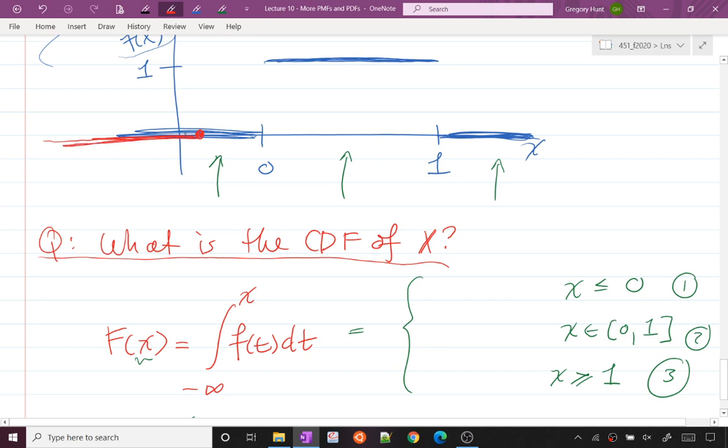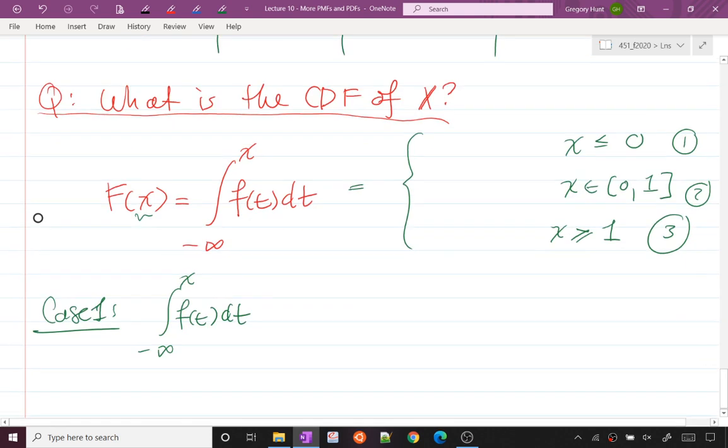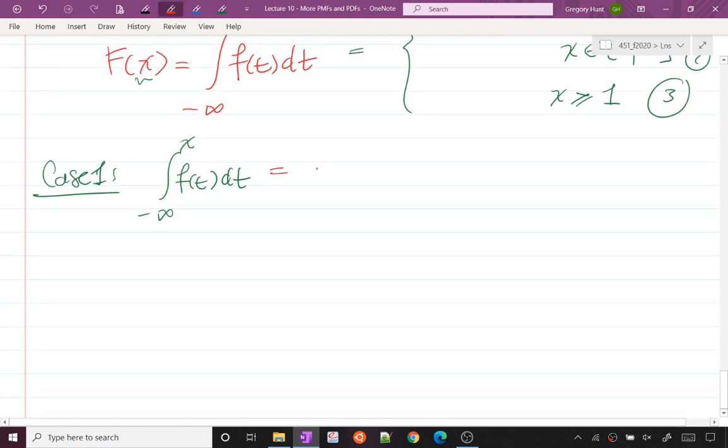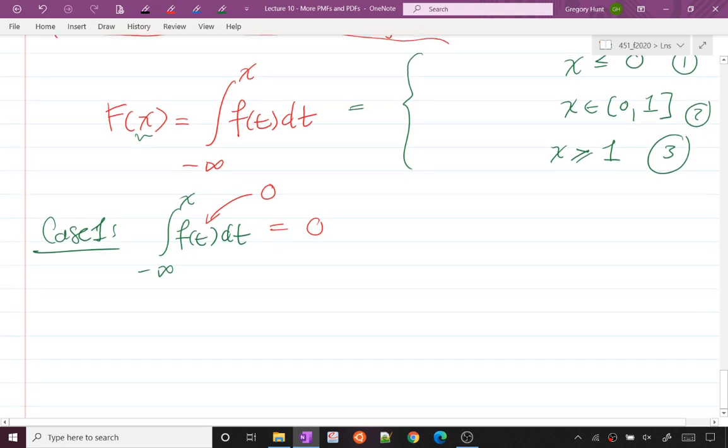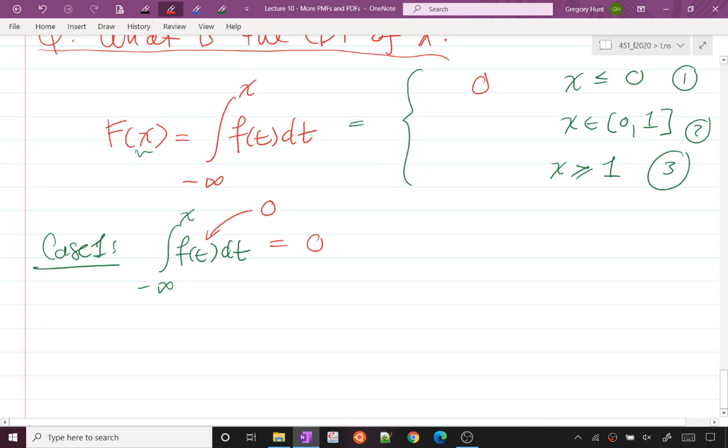Well, it's just 0 everywhere, so the integral is correspondingly 0. F of t is 0 everywhere less than 0, and the integral of 0 on any interval is 0. Kind of a boring case. Case 2, the integral from negative infinity to x of f of t dt.